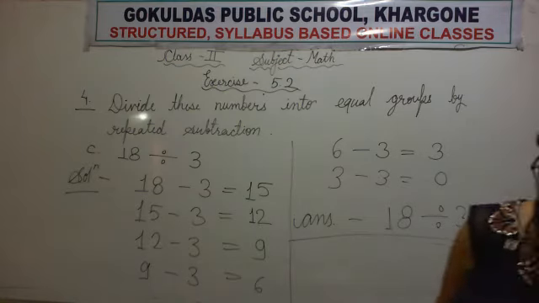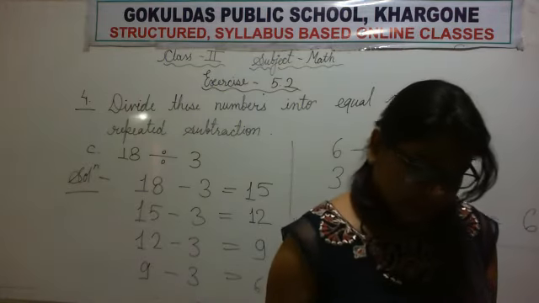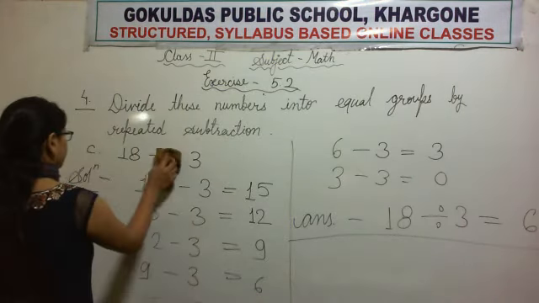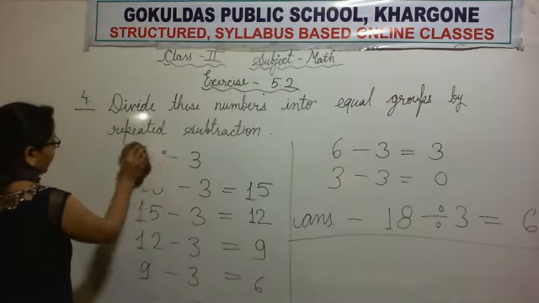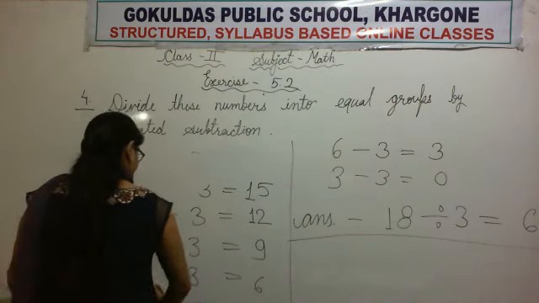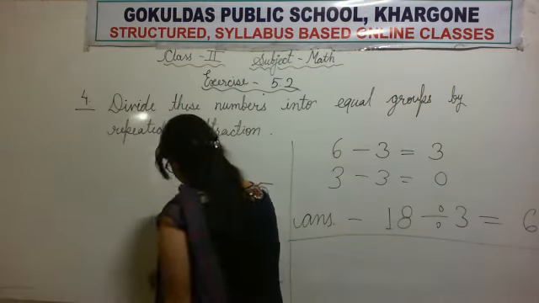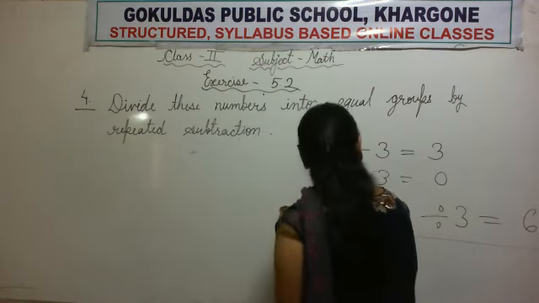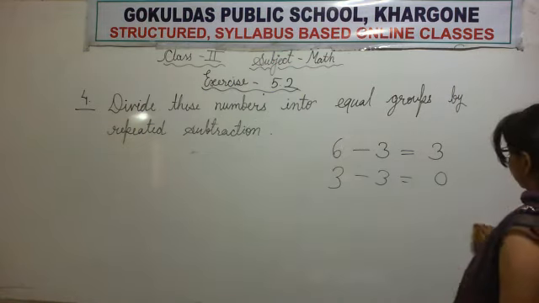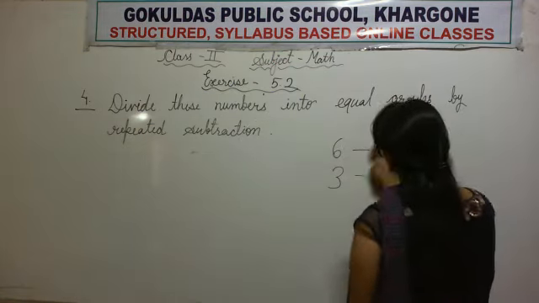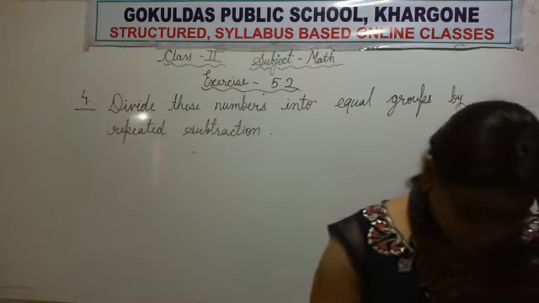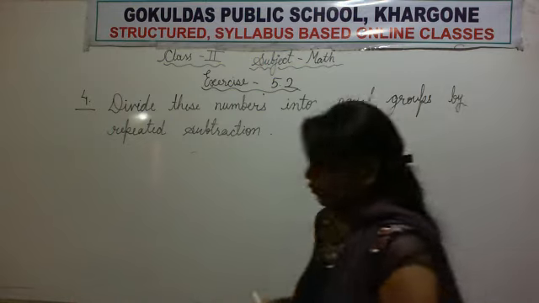I hope students you are done with writing this. Now let's move further. Okay, so part D is 32 divided by 4.